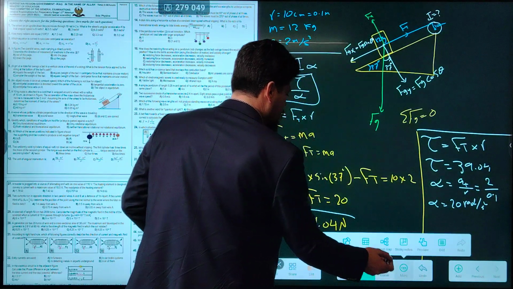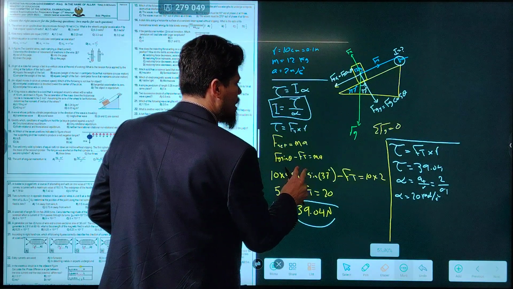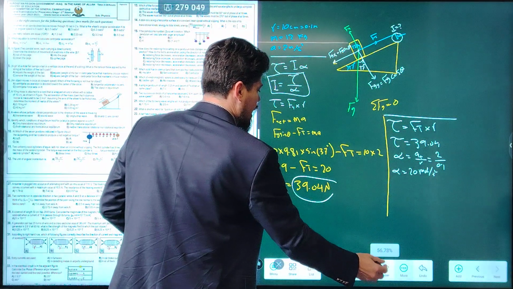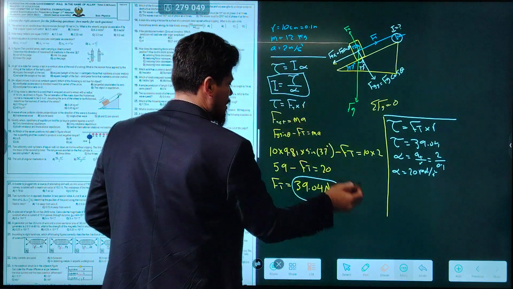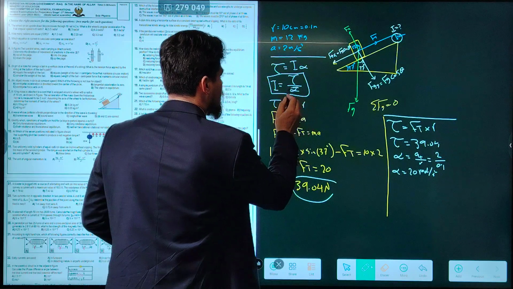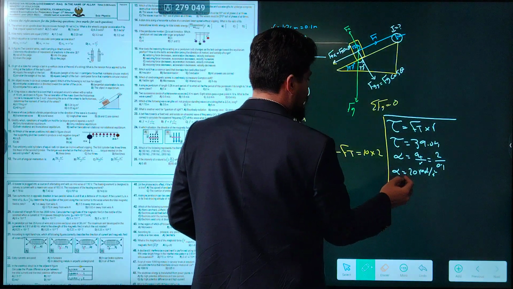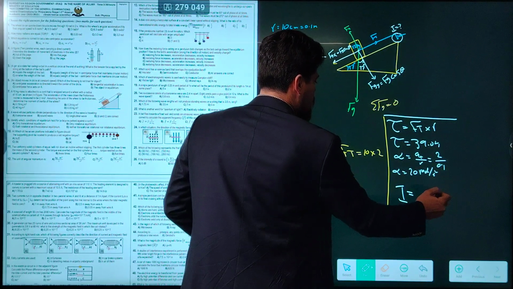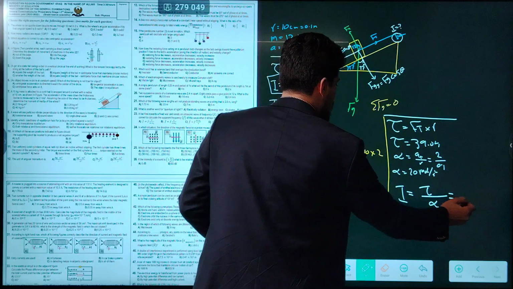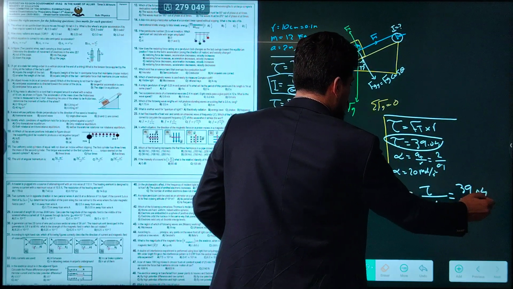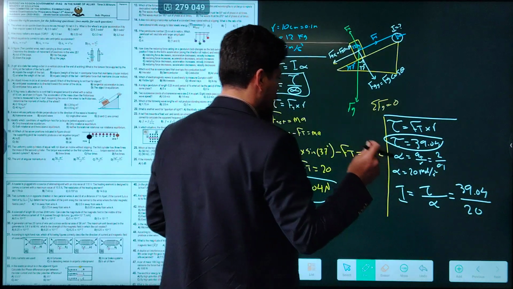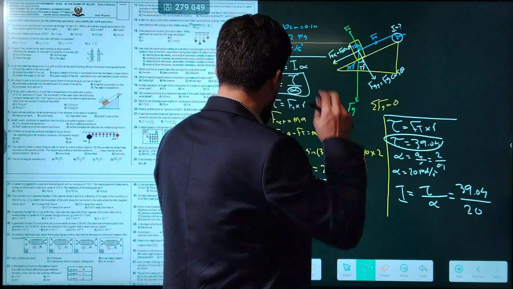Because to determine the moment of inertia, we need both the amount of net torque and the angular acceleration. I found both of them. Now replace into this equation. I is equal to torque over alpha. We didn't have torque, but we found 39.04 divided by 20. Okay, guys, look.